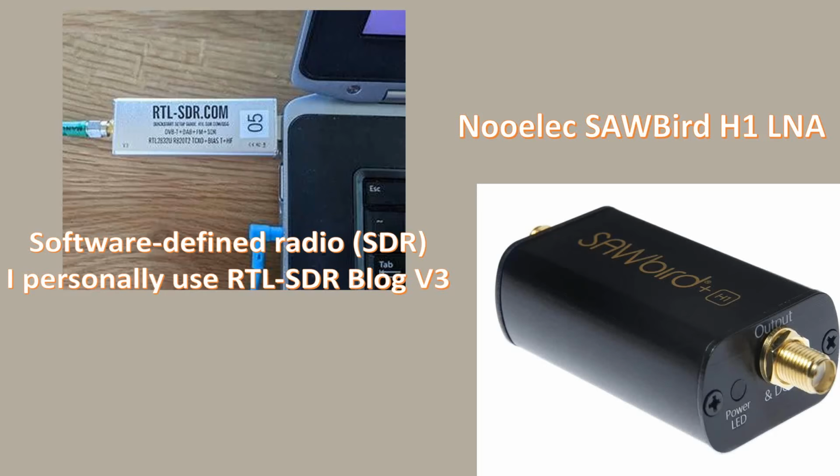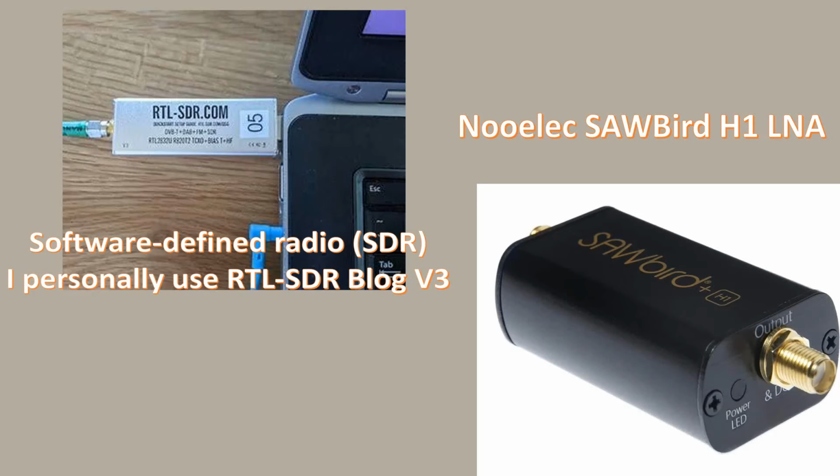So inside this Sawbird device, there are 3 items. It starts off with an amplifier, that's followed by a filter, and that's followed by another amplifier. So in reverse order, the last amplifier amplifies the signal so that when it goes down the cable that you're going to use, it compensates for the loss that's going to go down the cable.